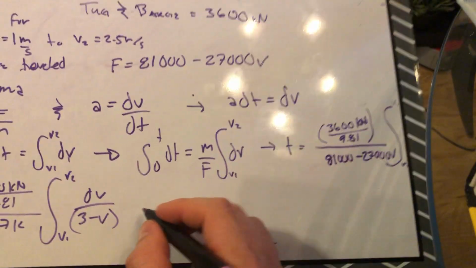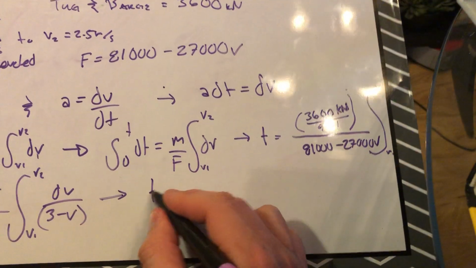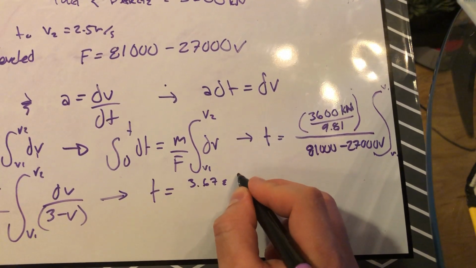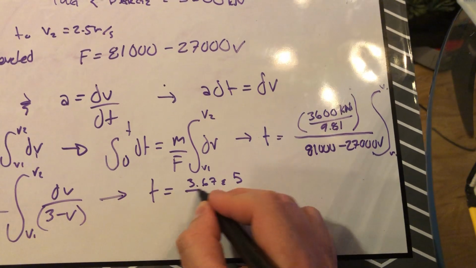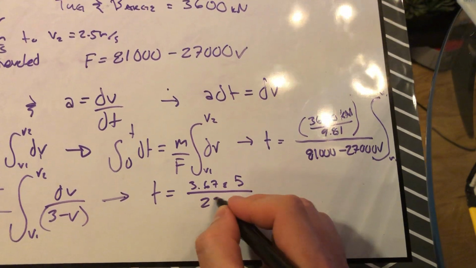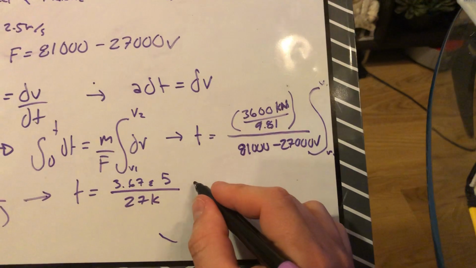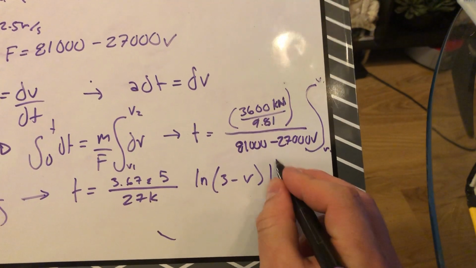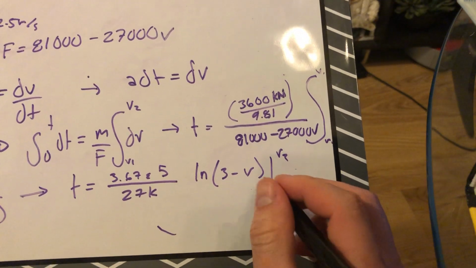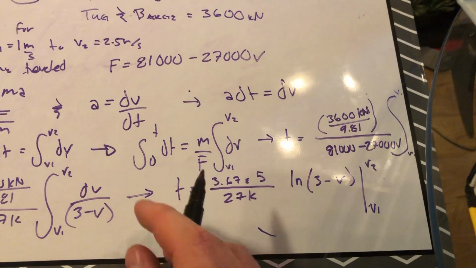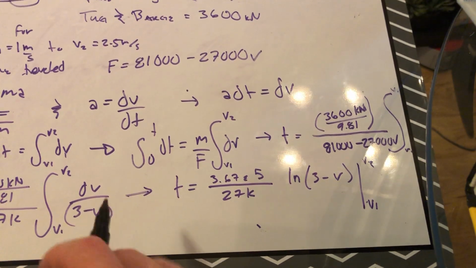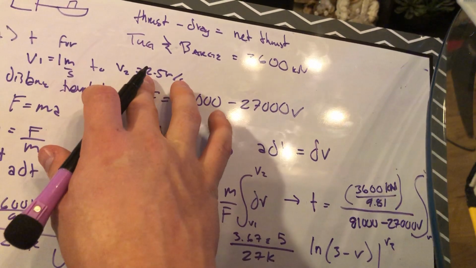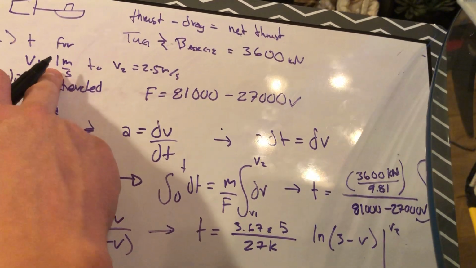So the integration of that is going to be 3.67E5 over 27K. This is going to be a natural log term of 3 minus v, from v1 to v2. We can further separate out the components, but we know what our v2 term is and what our v1 is: 2.5 and 1 here.